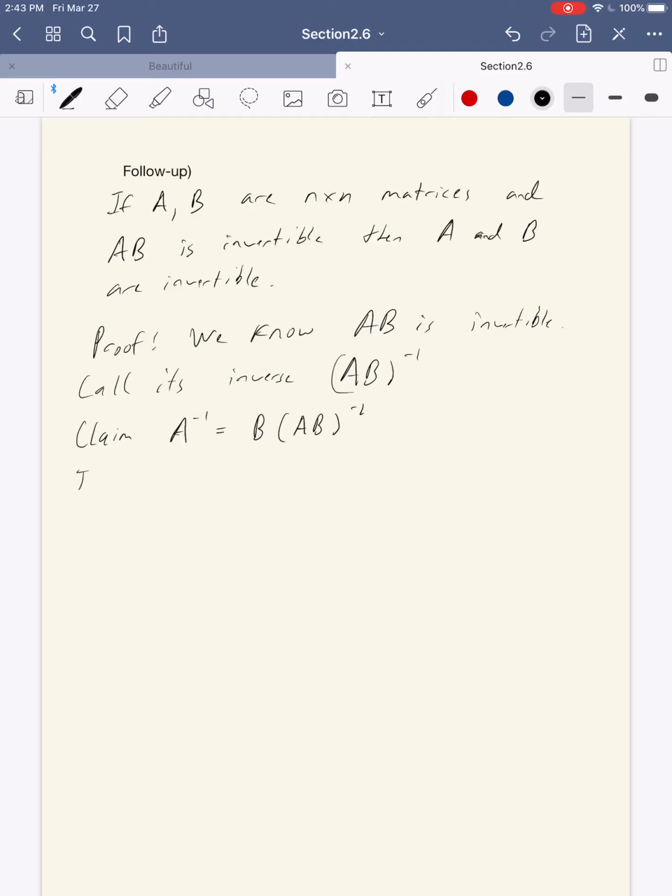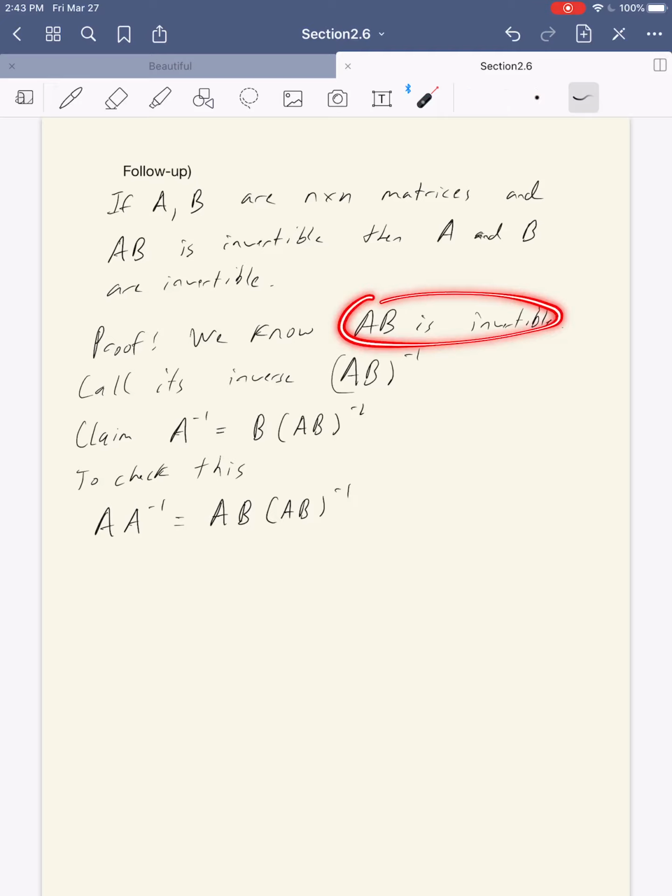To check this, let's do A times A inverse. Well, that is going to be AB times (AB) inverse. But by definition, AB is invertible and its inverse is (AB) inverse. So this whole thing here has to just be the identity matrix.